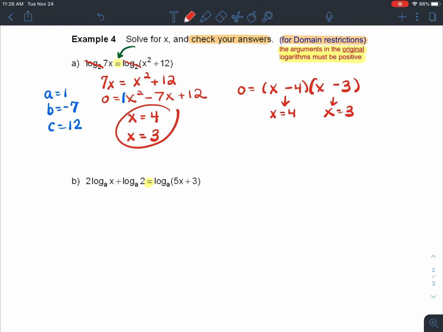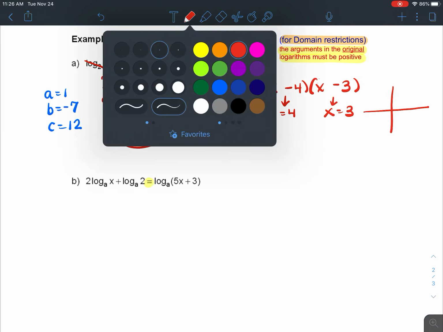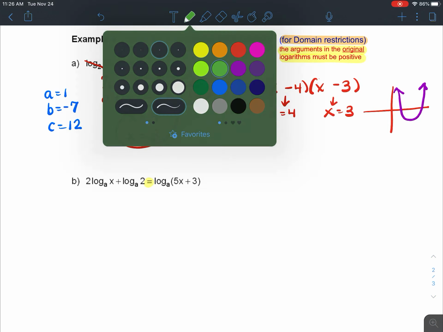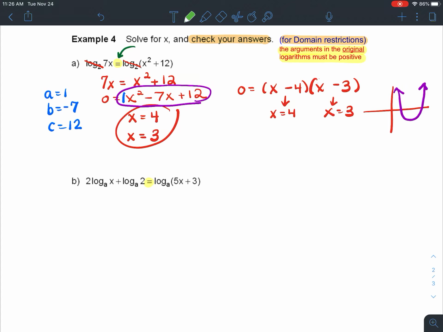Okay. My advice, though, is that not all of these problems are you going to be able to factor. So my suggestion, if you do not have the quadratic formula program on your calculator, would be to take the equation, type it into y1, graph the parabola on your calculator, and use the feature that we learned in chapter 4.